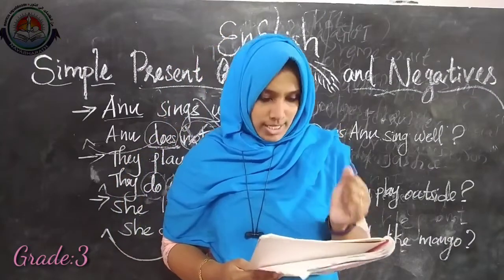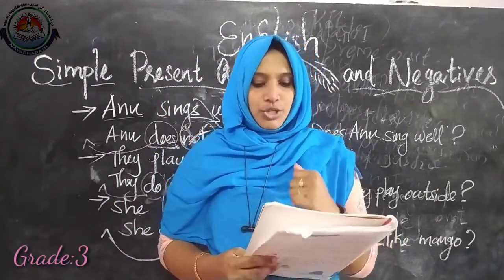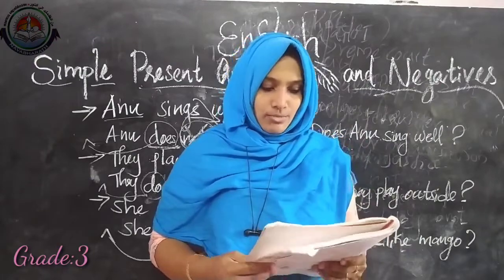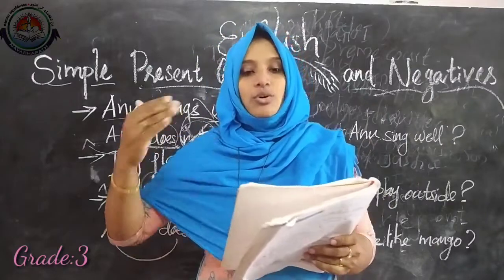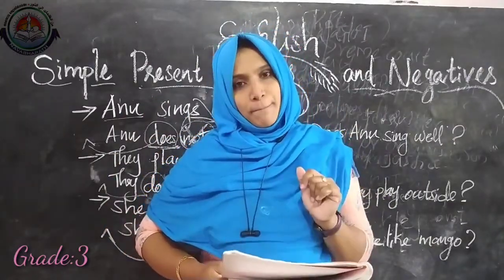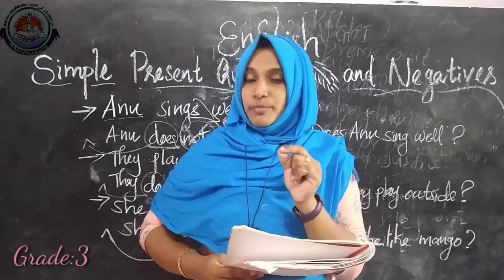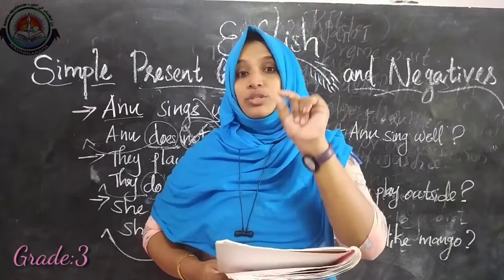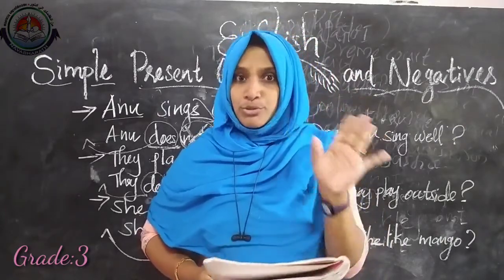Okay, then question number 7, change the statements into questions using do or does. So you have to change these statements into their question form. Children, how to change to the question form? I told you, for making the question form, you have to find the negative form first. Then it will be very easy to make the question.